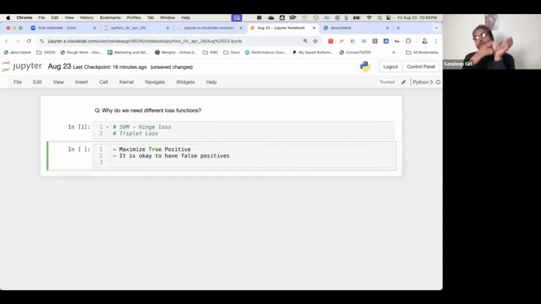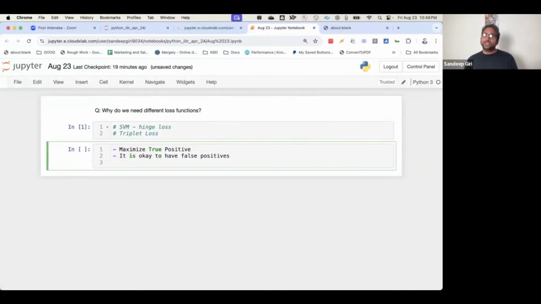But it's not okay to let them go. Okay, so I wanted to maximize recall, not precision. Or I was trying to maximize the true positives, and I was okay to have false positives. Okay, and therefore I had to come up with my own loss function.